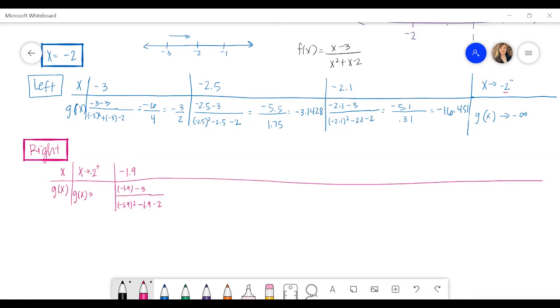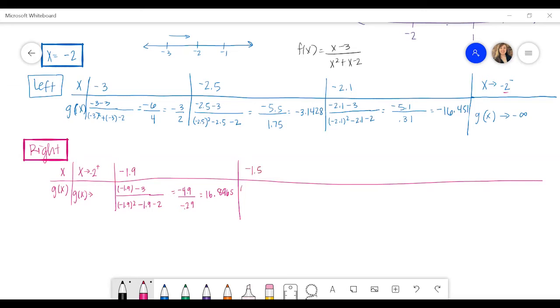Numerator gives us -4.9 divided by 1.9 squared is 3.61 minus 1.9 minus 2, we're left with -0.29. This gives us 16.8965.